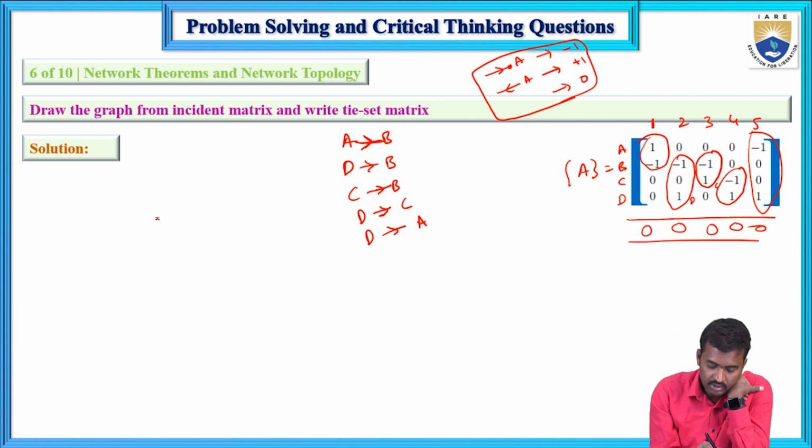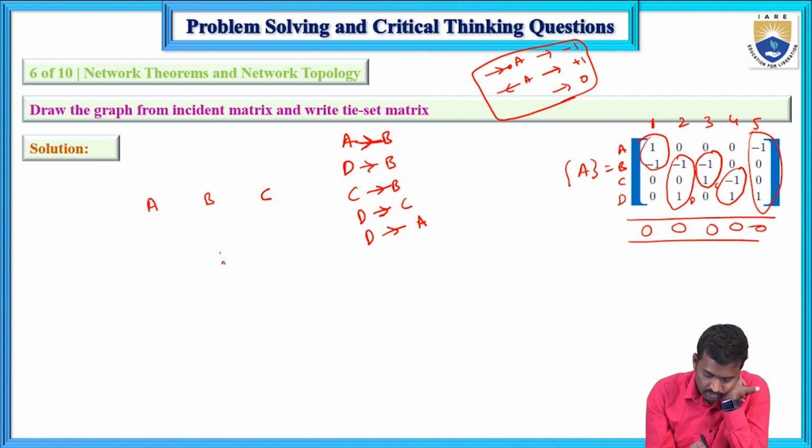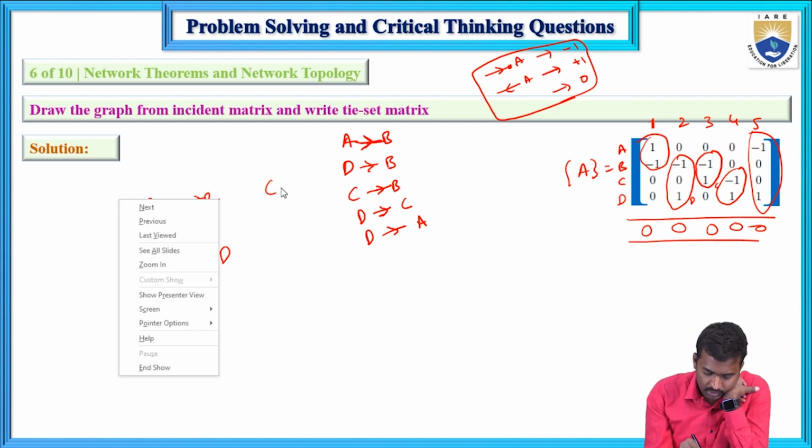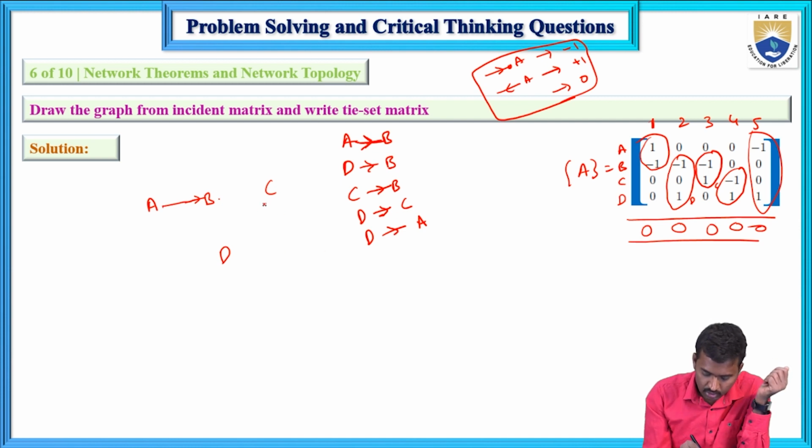First write A, B, C, D. Now A to B is clear, C to D is clear, D to A is clear, B to C is clear, A to D is clear, D to C is clear, C to B is clear, and D to B and D to B. This is the graph.